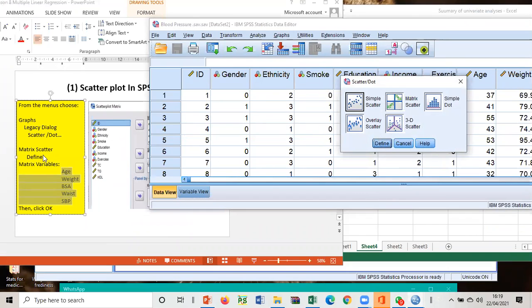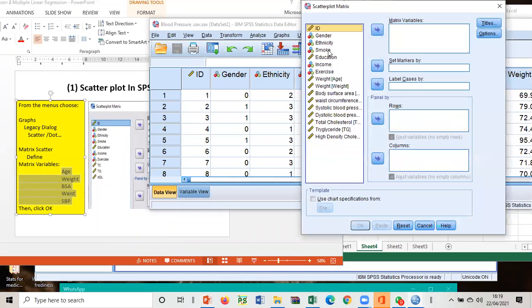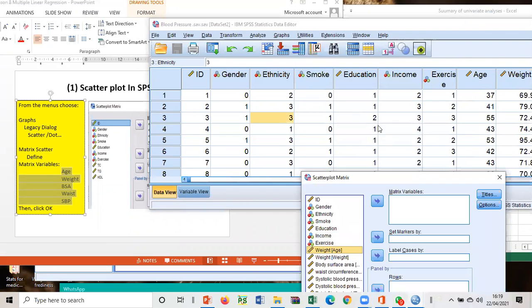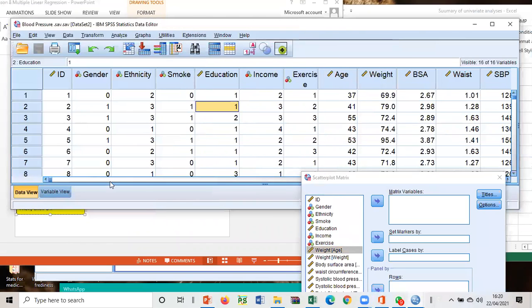Okay, see here, matrix scatter. There are many variables. There's a mistake here. It's not weight. Go to data. Go to variable view.